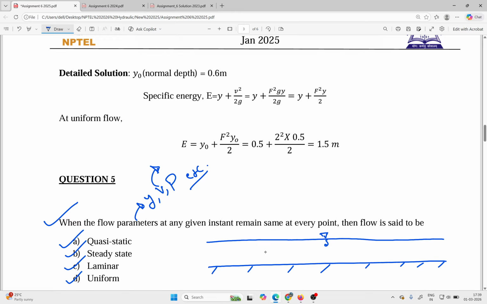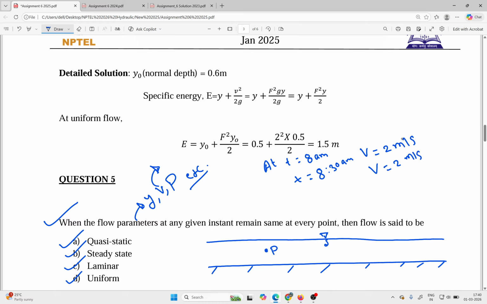Now I'll explain with velocity. Let us suppose I am looking at this point, point P1. At point P1, at t equal to 8 am, your velocity was 2 meters per second. At t equal to 8:30 am, your velocity again was 2 meters per second.